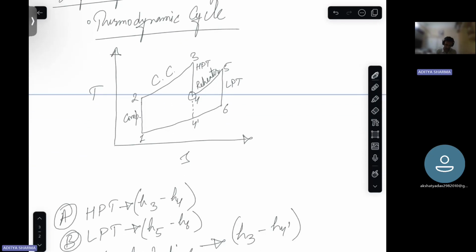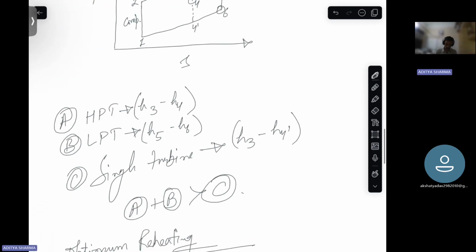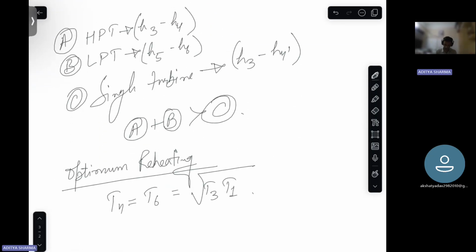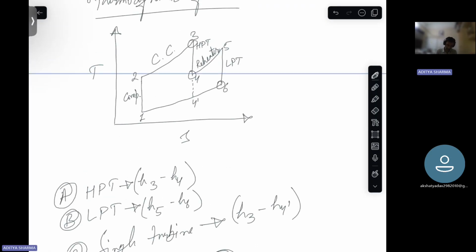So this temperature at the exit, first these are equal. Second is these are equal to root of T3 into T1. T3 is this temperature, T1 is this temperature. Okay. So this is it about your reheater.